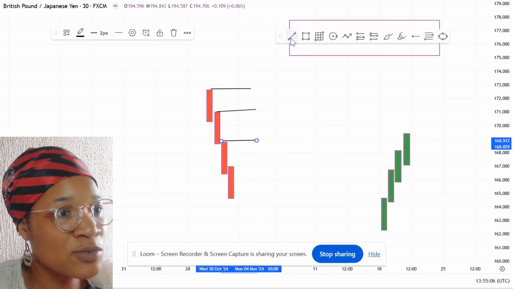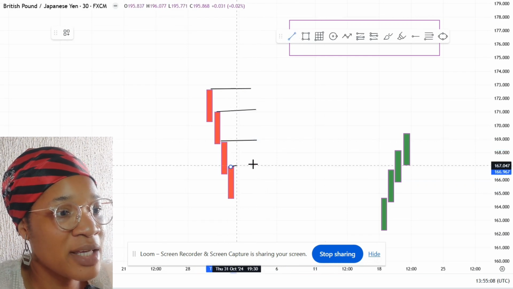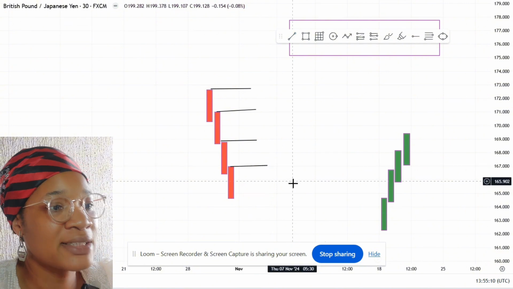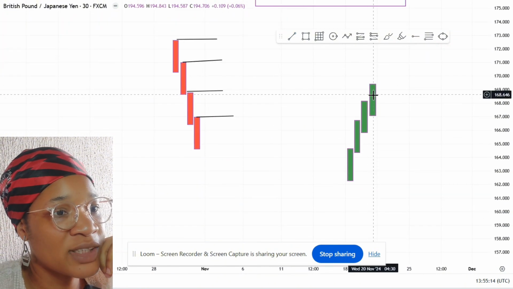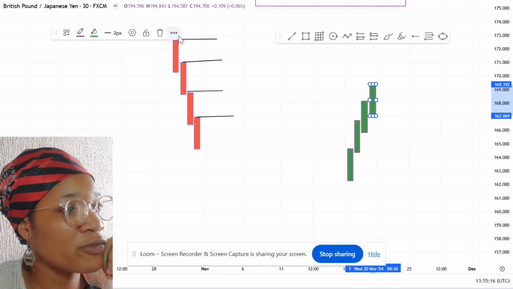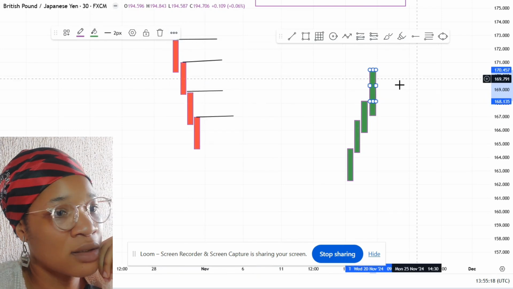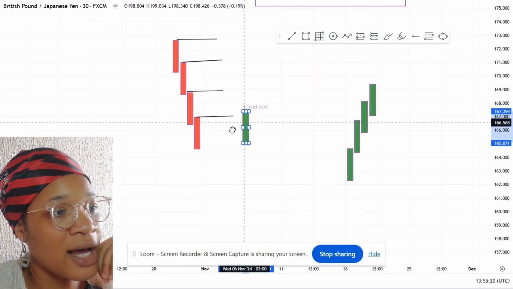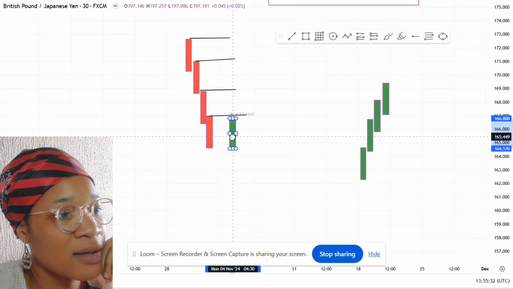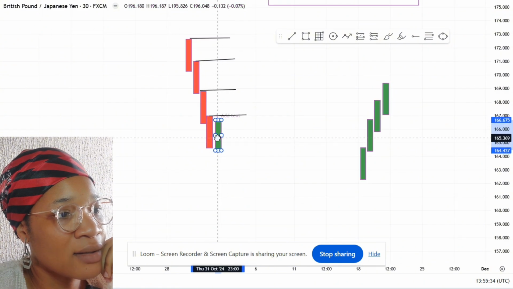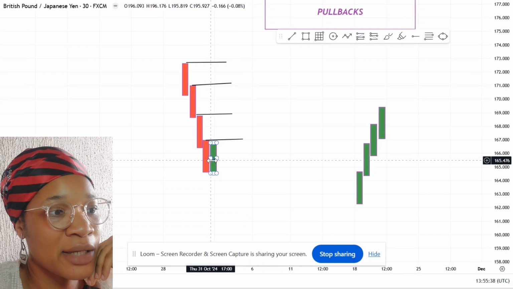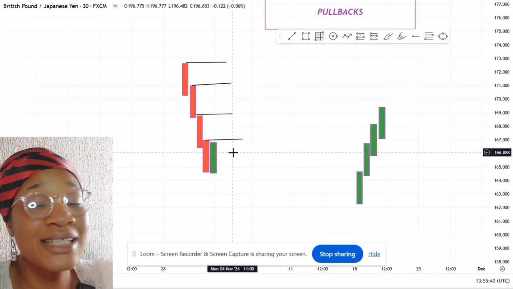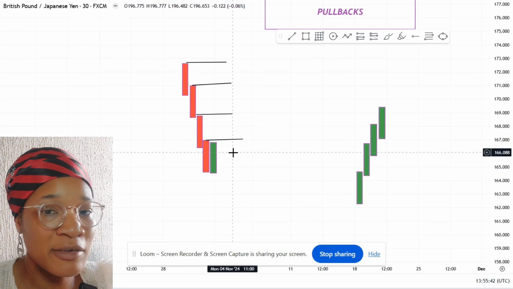So what happens when we now see maybe a green candle of this sort? Let me take one from here, clone that, and let's say we see something like this, a buy movement. This cannot be considered a valid pullback.